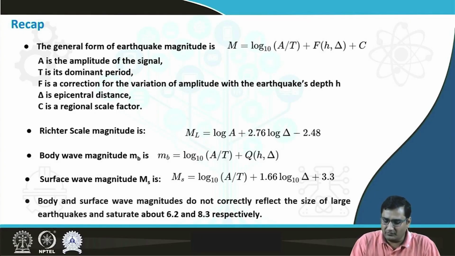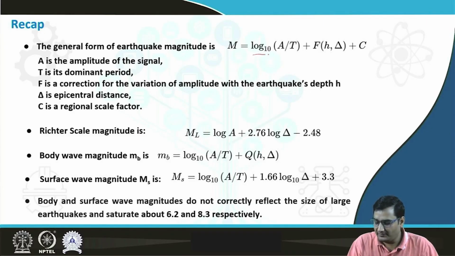The general form of earthquake magnitude is M equals log at base 10 of A by T, where A is the amplitude of the signal and T is the dominant period. F of h comma delta is the correction factor for the variations of the amplitude with earthquake depth, and C is the regional scale factor.